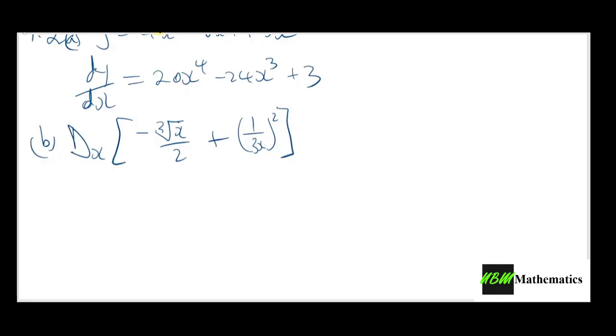So, as we simplify, we bring down d/dx. We say d/dx, then negative cube root of x is x to power 1 over 3, then this is divided by 2, plus (1 over 3x) all squared is the same as 1 squared is 1, 3 squared is 9x squared.